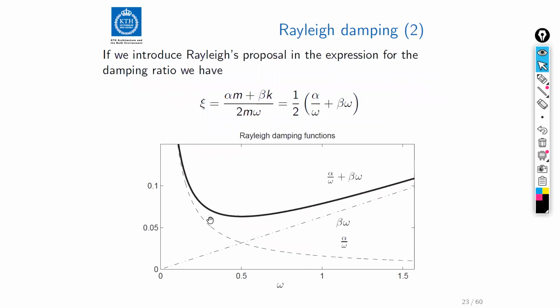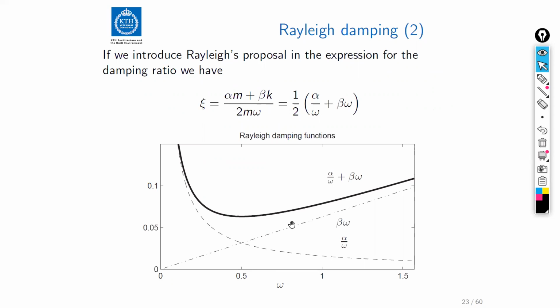So if, for example, we have omega between 0.5 and 1 here, radians per second. This is the range of frequencies that we are mainly interested in, and we made sure that other modes of vibration will not influence our response here. So we only need to focus on what damping values we would get for frequencies between 0.5 and 1 here.